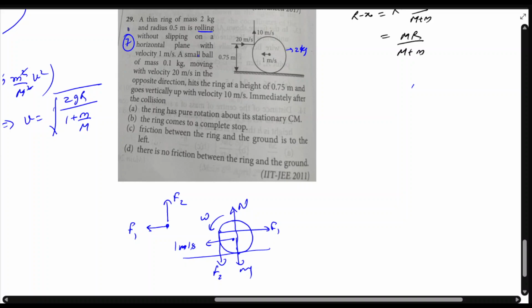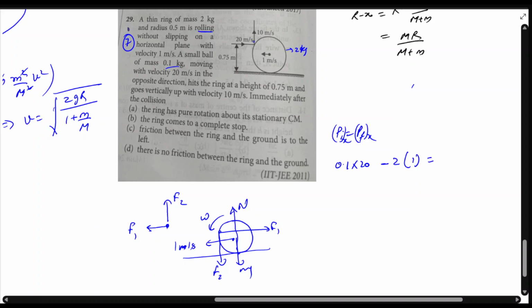So let's use the conservation of momentum in the horizontal direction. Initially, this ball has mass 0.1. So initial momentum must be equal to final momentum. Initial momentum is 0.1 into 20. This is only in the x direction. Initially the ring also has a momentum in the left direction, so we'll be subtracting it, 2 into 1.